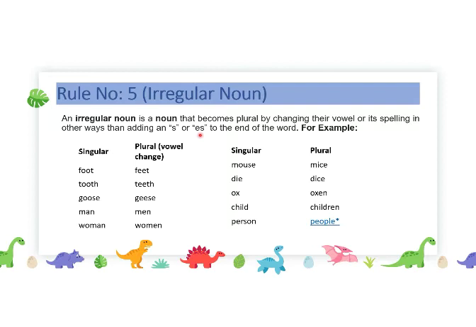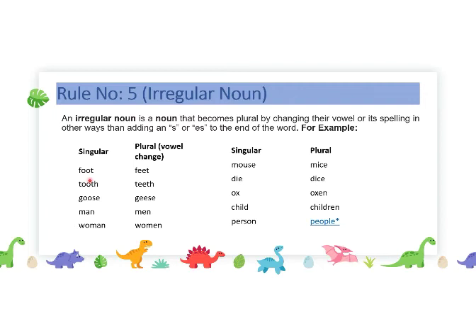And how do we change it? By changing the vowel sound or by changing the spelling itself. So let's see some examples. Foot. When we are talking about one foot, it is foot. And when we make it plural, we change it to feet.